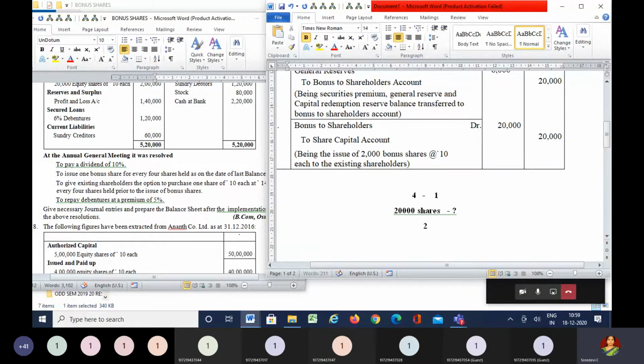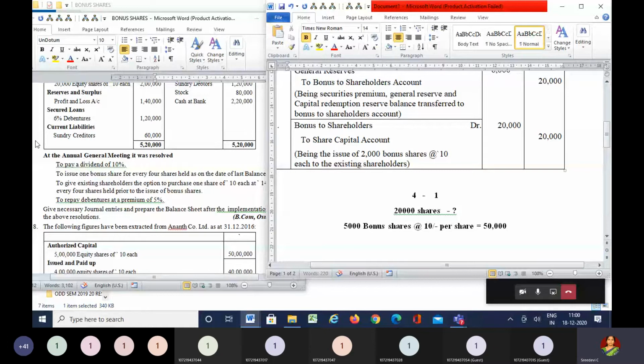So for this, they are supposed to issue 5,000 bonus shares, at the rate of 10 rupees per share. When it is at the rate of 10 per share, the amount required for the same is going to be 50,000 rupees.